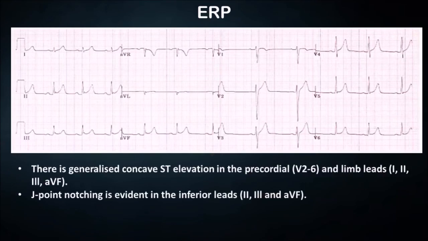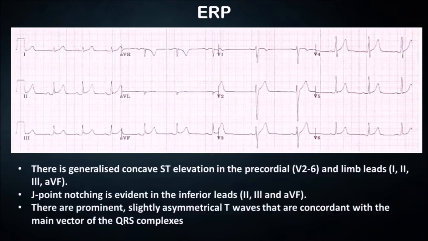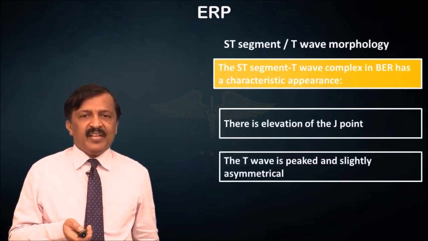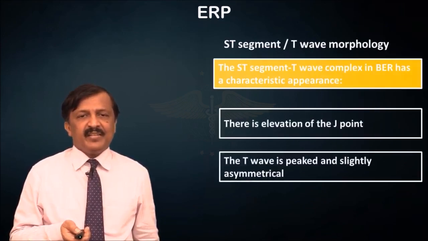In inferior leads it is less than 0.5 to 1 millimeter. In anterior leads it is around 1 to 2 millimeters, and an asymmetrical T wave will be seen. So in the ST-T morphology, you see the T wave is peaked and slightly asymmetric.